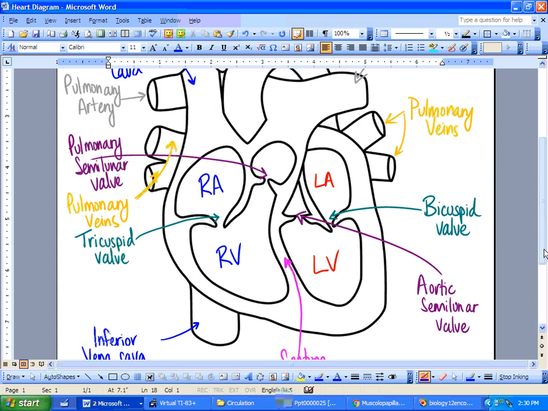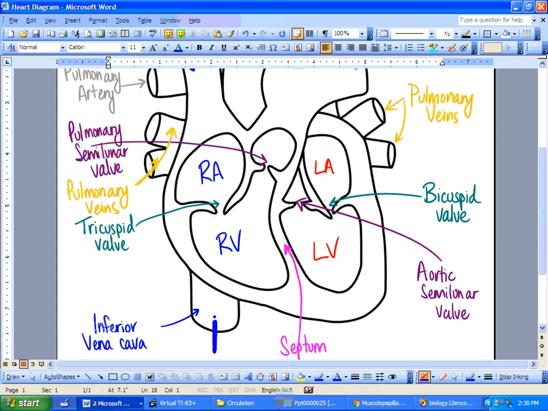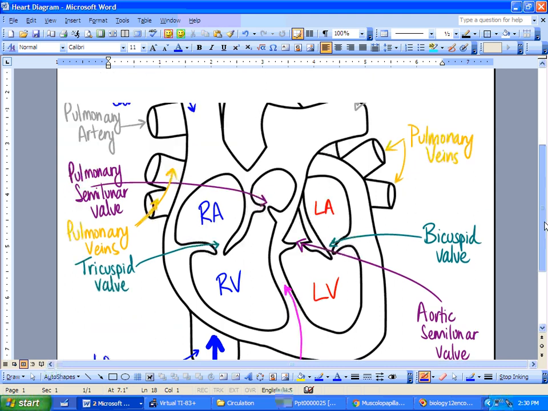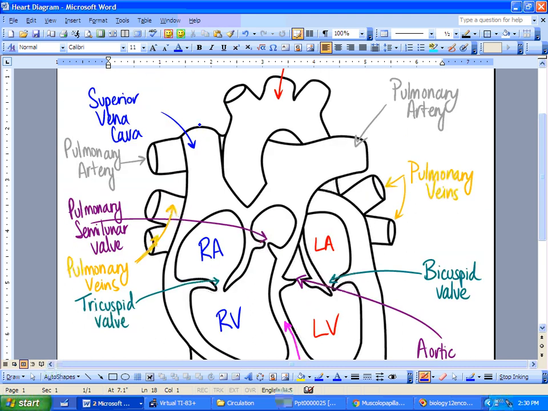We have some deoxygenated blood traveling up to the right atrium. Some of it comes from the bottom half of your body in the inferior vena cava. And then there's a bunch of deoxygenated blood coming from the upper half of your body. It enters the right atrium in the superior vena cava.